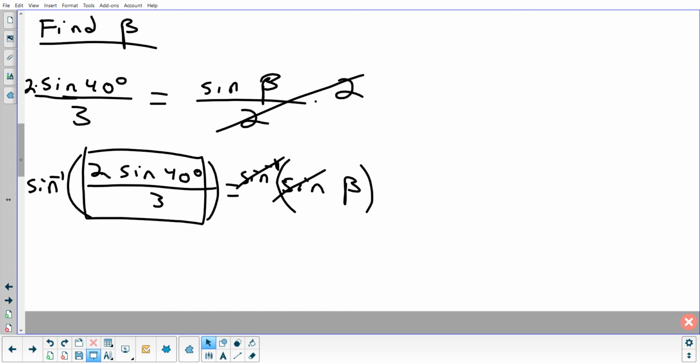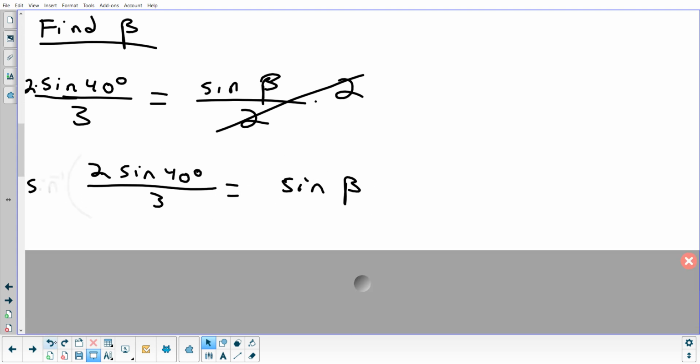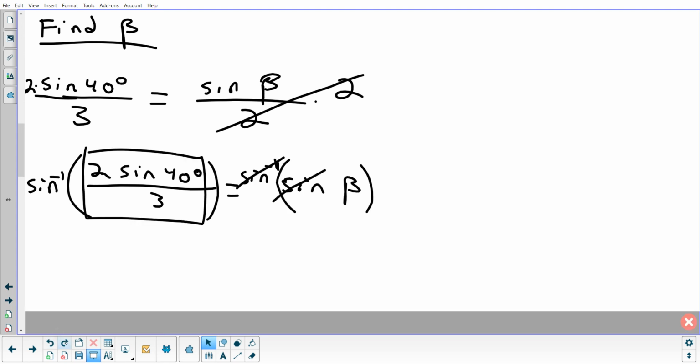Now remember, you're looking for where sine was originally equal to a positive number. Because if I just hit undo and bring it back to what it was, sine equals a positive number. What other quadrant is sine positive in? Yeah? 2.